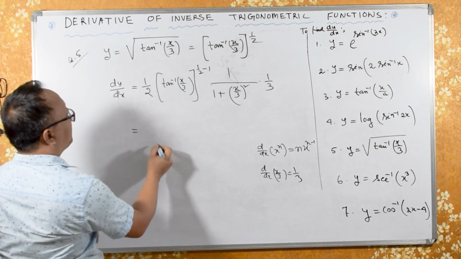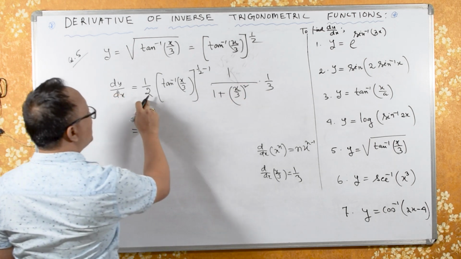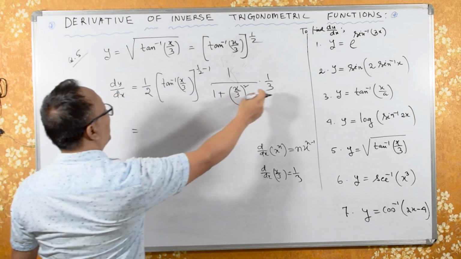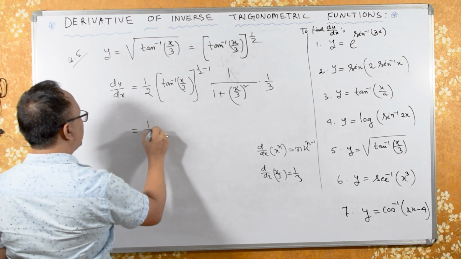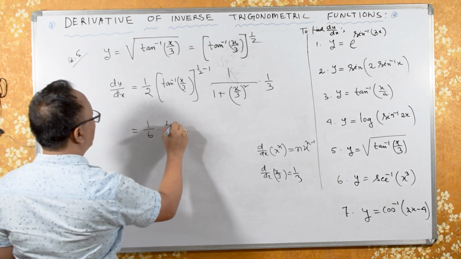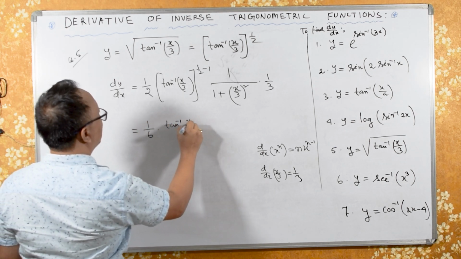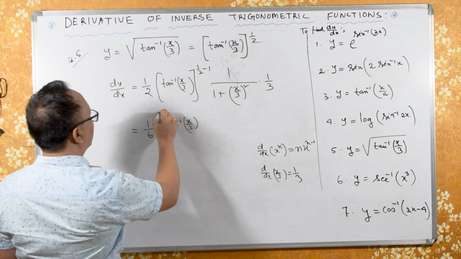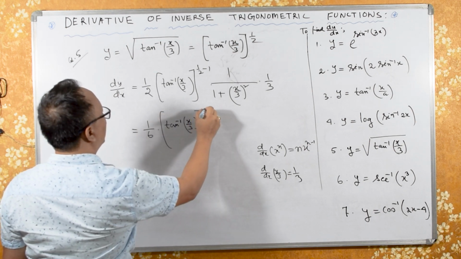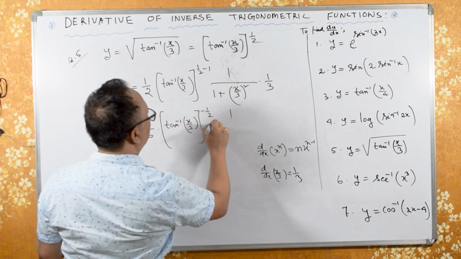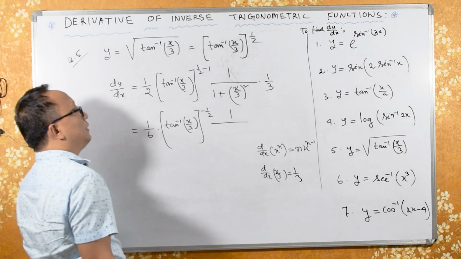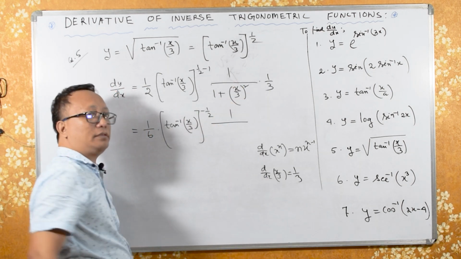This is same as 1 by 3, and this I can multiply is 2 into 3, 6 tan inverse x by 3. 1 minus half is minus half, 1 upon here 3 x square upon 3 is a 9.